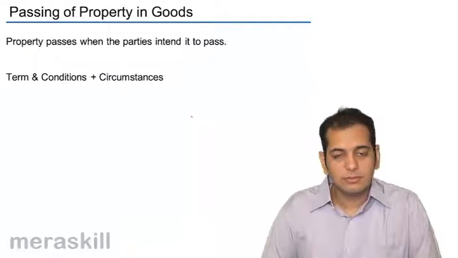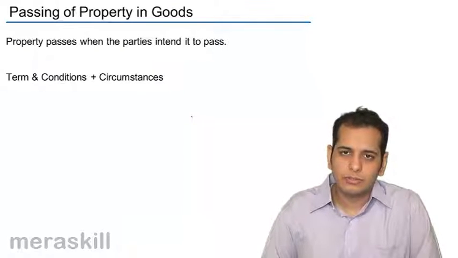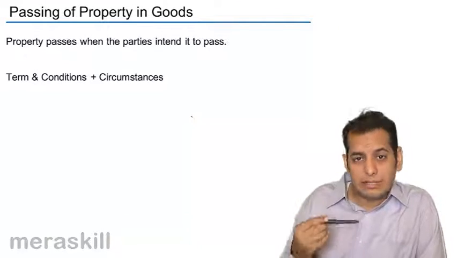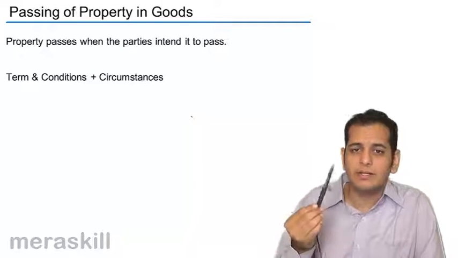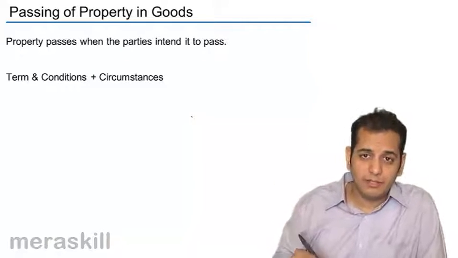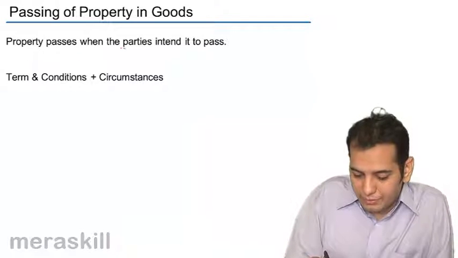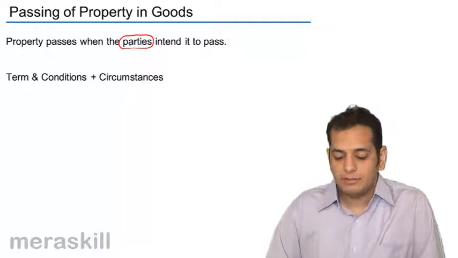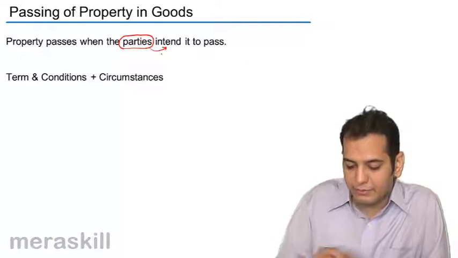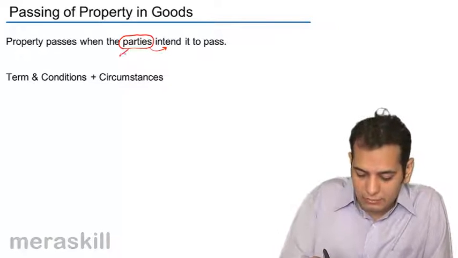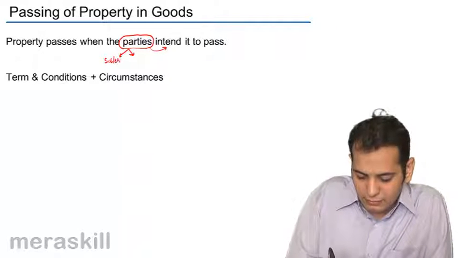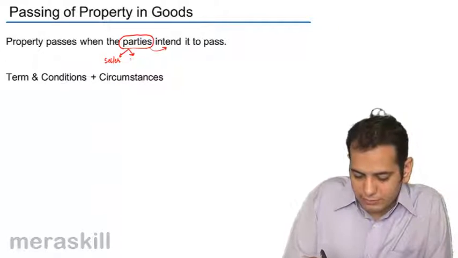Now, when does the property in the goods get transferred? Say you come to me to purchase this pen and I am selling this pen to you. When does the property get transferred? It gets transferred when the seller and the buyer intend it to be, when the parties intend it to pass. Now parties are two: first is the seller and the second is the buyer.